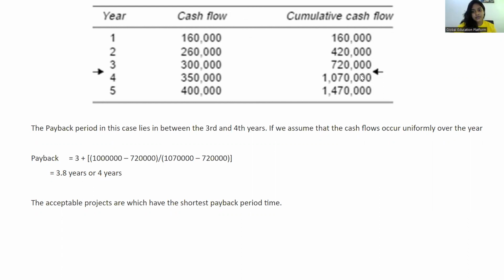So as you can see here, from this point onwards, it is roughly 4 years because it's more than 10 lakhs, but you anyway reach that level. As they comment here, the acceptable projects are those which have the shortest payback period, because within a short span of time, you are able to get the return back.